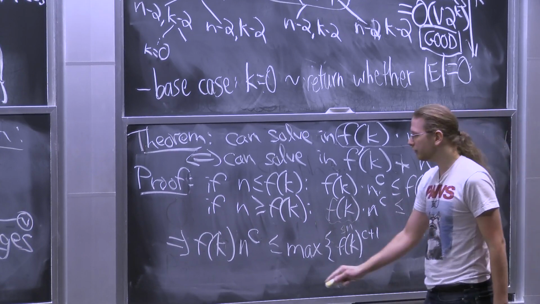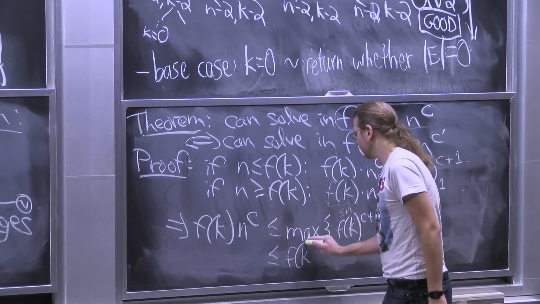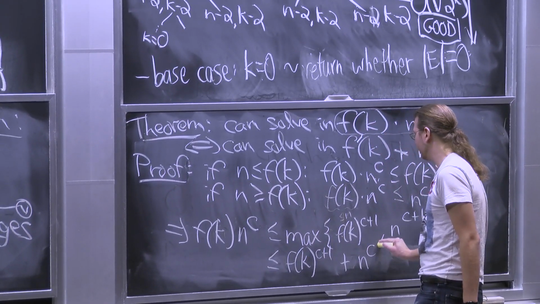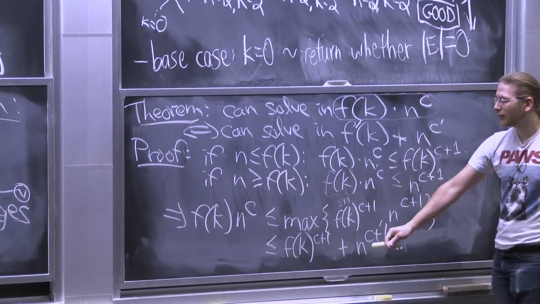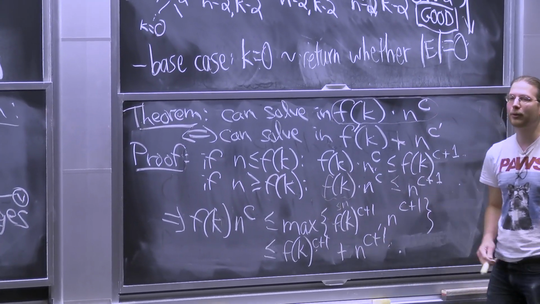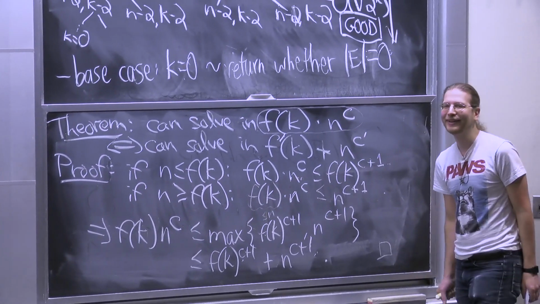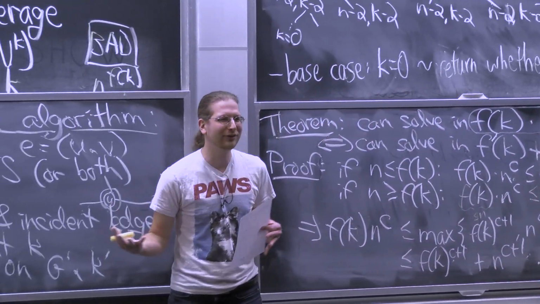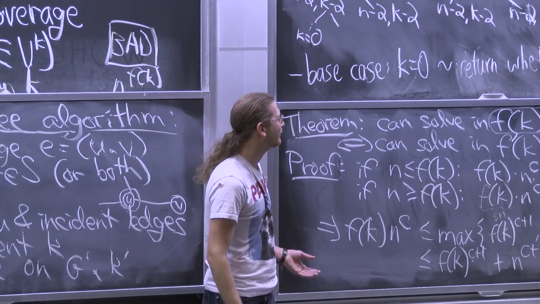And the max is always at most the sum. I'm assuming everything here is non-negative. So I take f of k to the c plus 1 plus n to the c plus 1. Boom. That is an additive function of k plus a polynomial in n. Okay, rather trivial. This is a funny area where you think, oh, there's this deep question, are these things the same? And it ends up, yeah, they're the same for obvious reasons.